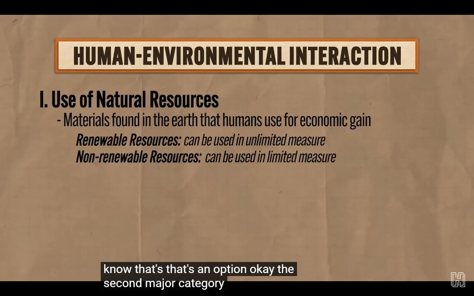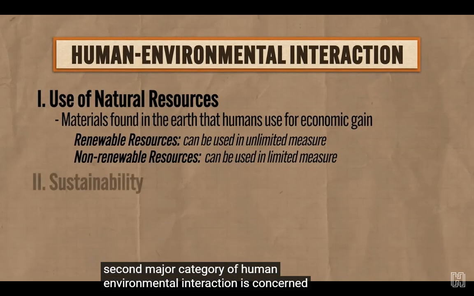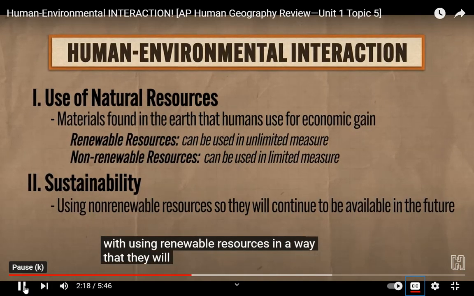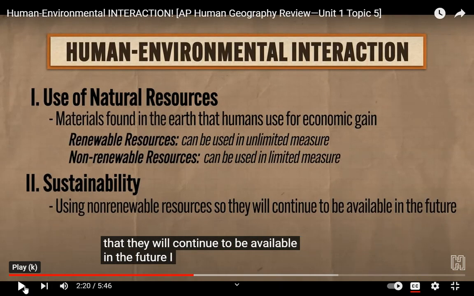Okay, the second major category of human environmental interaction is concerned with sustainability, which is concerned with using renewable resources in a way that they will continue to be available in the future. All right, so the best way to think about it is, oil is a non-renewable resource, so you want to use the least amount of oil that you can.